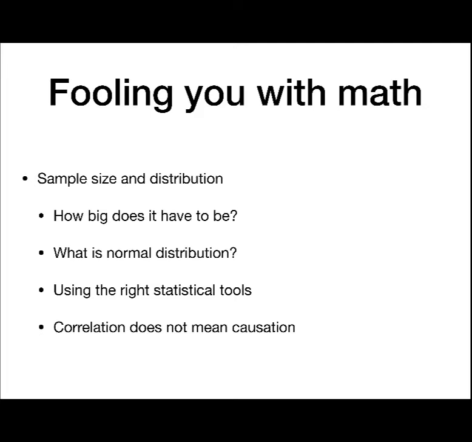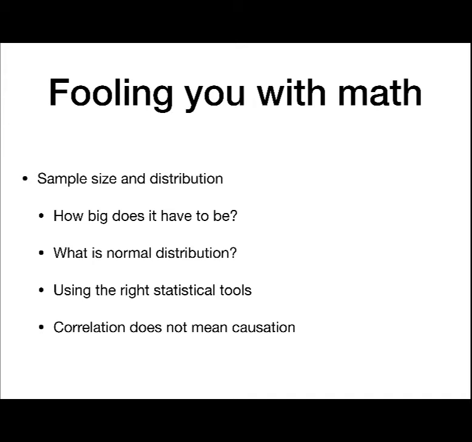But the closer their means are, the larger the group you need to see a statistical difference. The second thing to look at is, what is the distribution? Normal distribution is essential for a number of different statistical measures. Now, there are other things that you can do that don't require a normal distribution, but that has to be known.